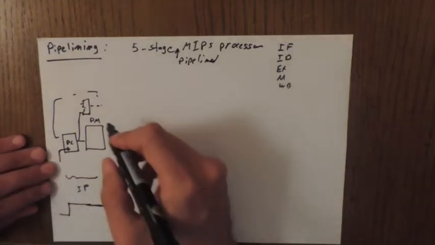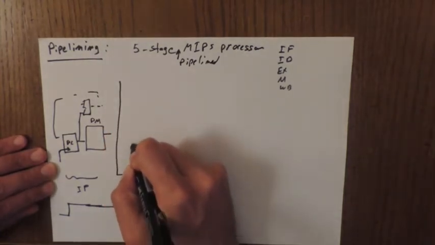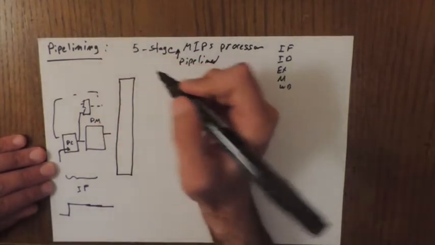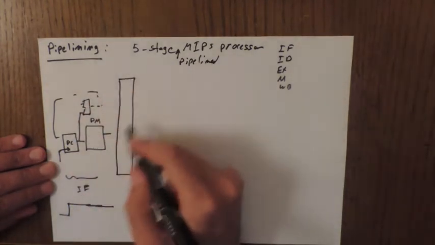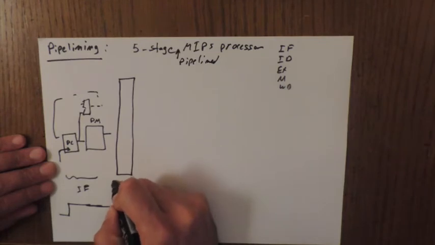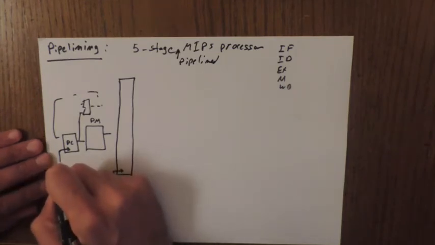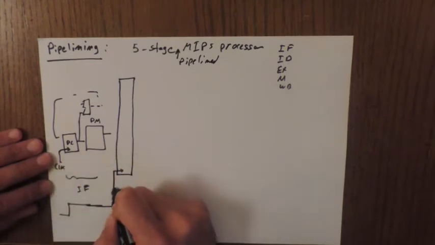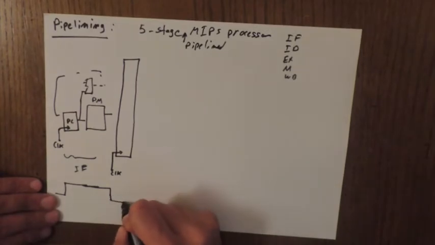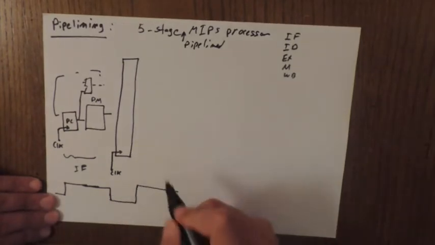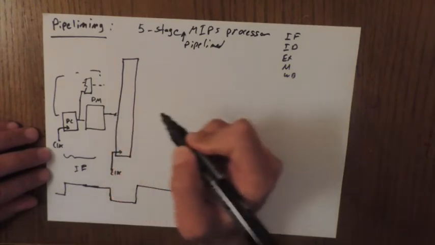Now to pause this, we add something called a pipeline register. So this is the IF stage, and this pipeline register is also controlled with the same clock. So these two are connected together. So what happens is that the instruction is fetched and is waiting here.